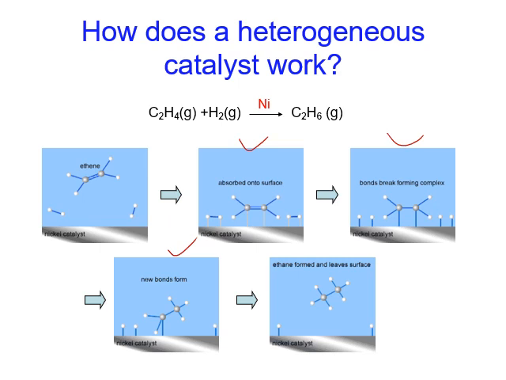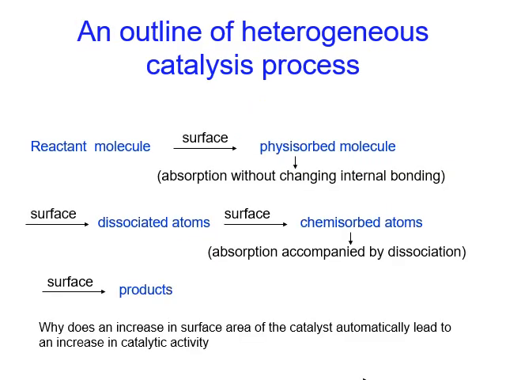So the reactions undergo physical adsorption, chemical adsorption, reaction, and desorption. Again, the reactant molecules are first physisorbed onto the surface, and then undergo dissociation, becoming chemisorbed atoms, and these atoms react to form the product, and the product leaves the surface.